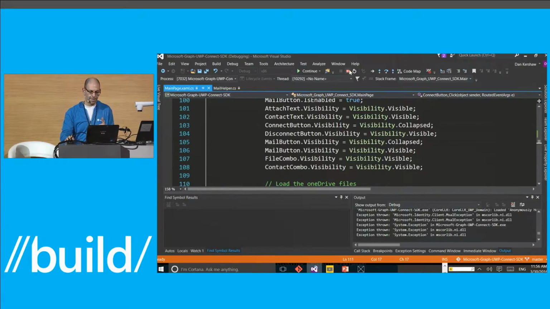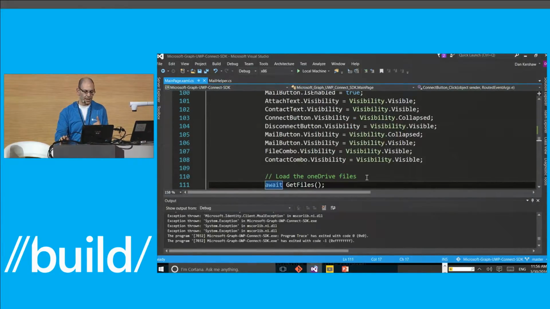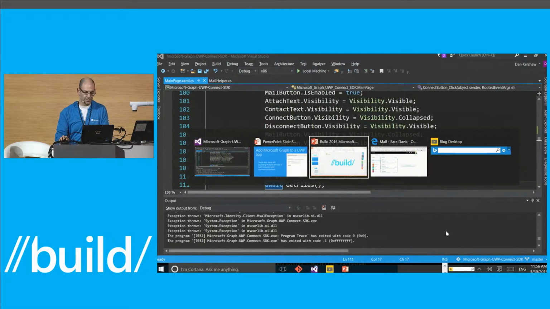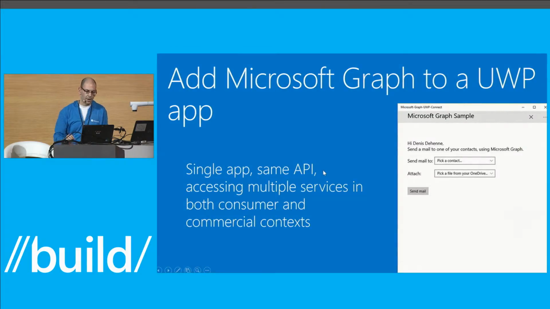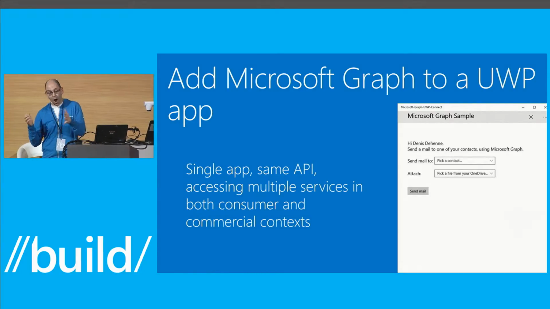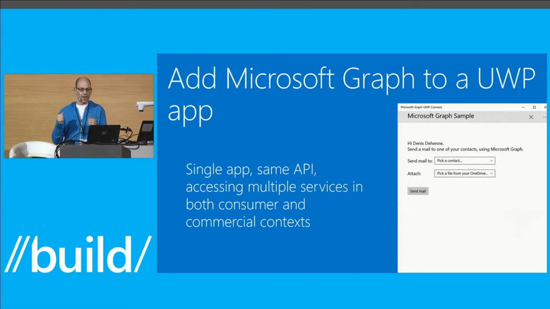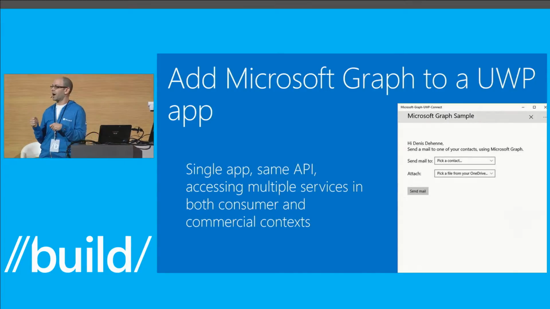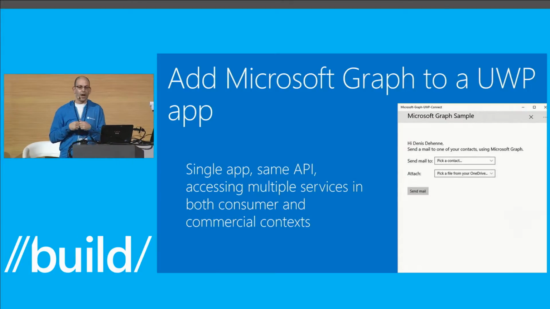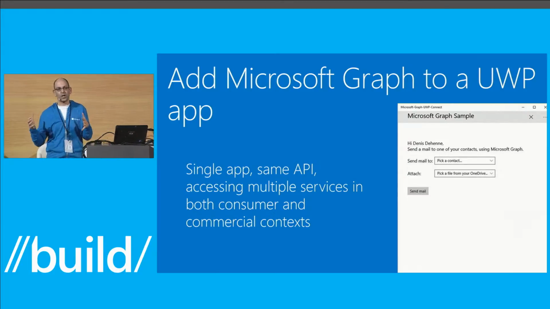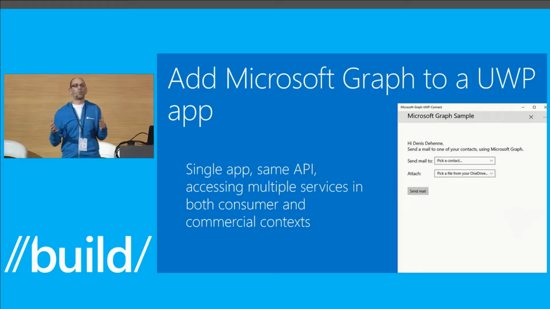So let me switch back to the deck. What I hope to have shown you, and so I apologize, was to be able to have a single app using the same API that accesses multiple services. And now it gets the reach of millions and millions more users.